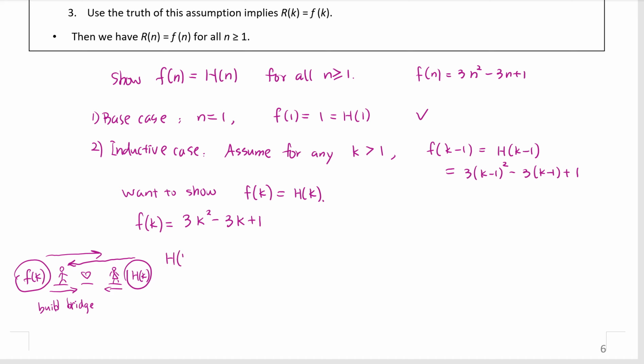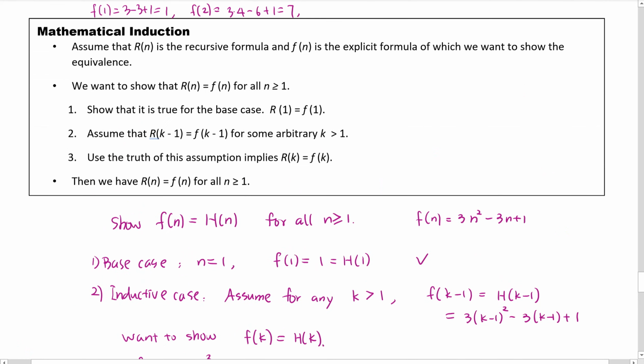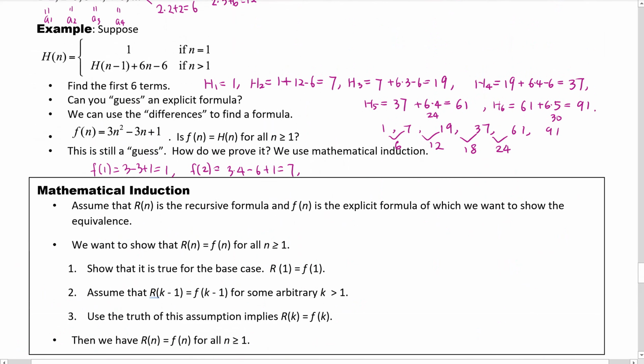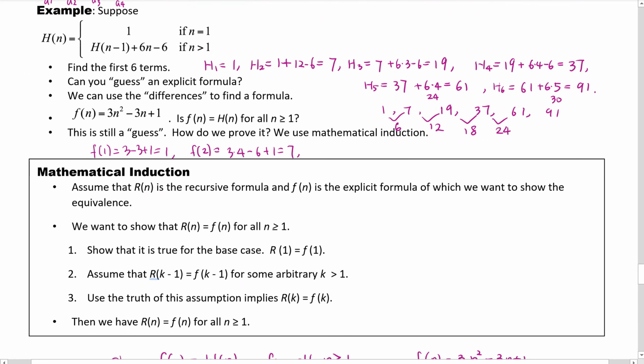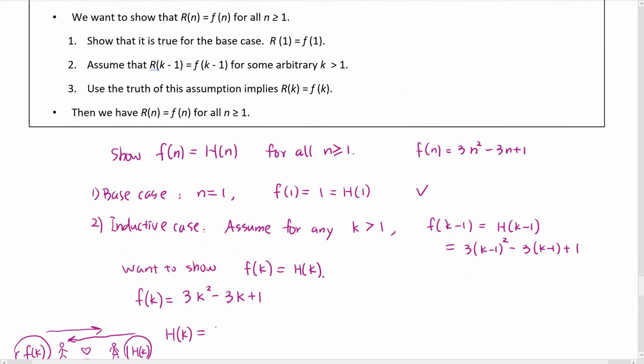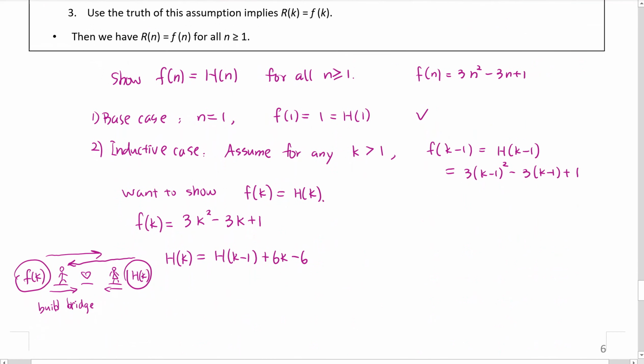Okay, so let's see what is Hk. Well, Hk, according to our recursive formula, what information do we have? We have Hk equals Hk minus 1 plus 6k minus 6. Okay, so this is the recursive formula. And then we know Hk minus 1.